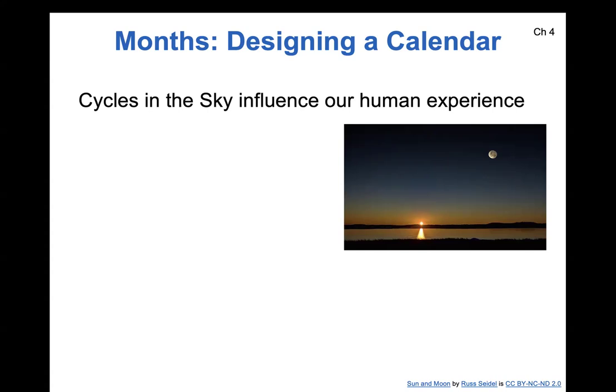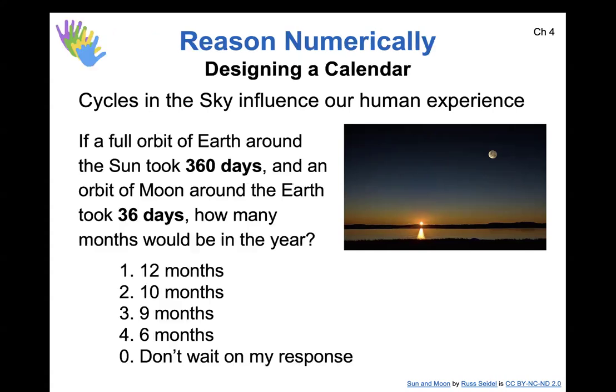And to drive home that idea, let's think about how many days there are in the year, how many months fit into the year. So in a full orbit of Earth around the sun, if it took 360 days, and an orbit of the moon around the Earth took 36 days, how many months would be in the year?